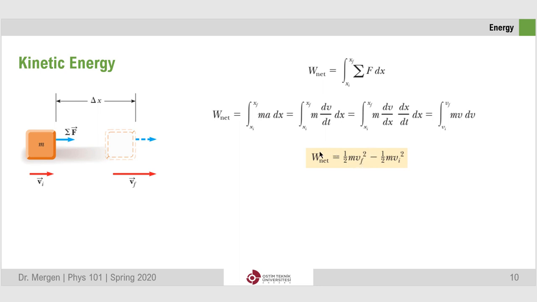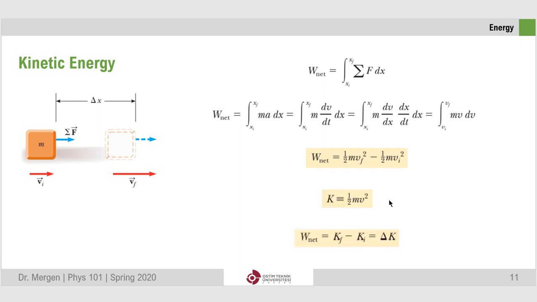This net work is due to the change in the velocity between the final and the initial positions. In other words, we can say if you change the velocity of an object or a particle, you will do work on that system depending on the magnitude and the sign of the change of the velocity.